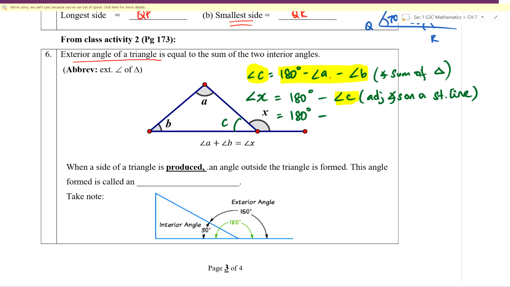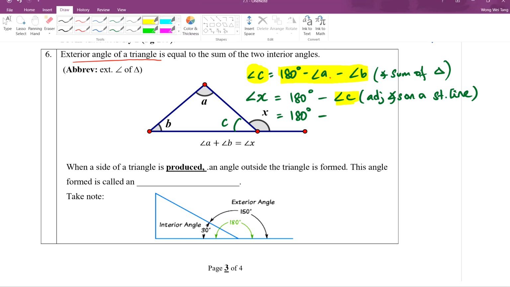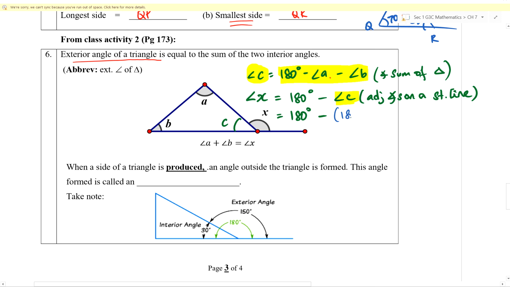Let us do that. X equals 180 degrees minus, bracket, 180 degrees minus angle A minus angle B. Now we are going to remove the brackets. Since there is a negative sign in front, I'm going to switch all the signs. So positive 180 degrees becomes negative 180 degrees.